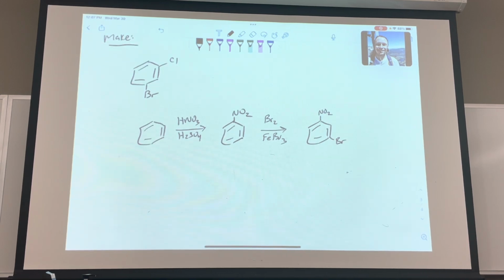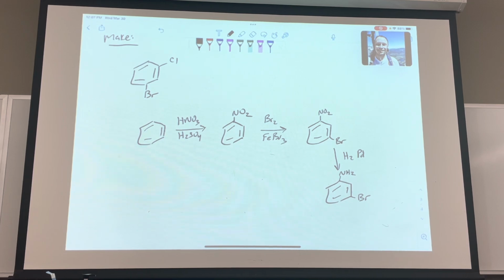Now all I have to do is worry about converting that nitro group into the chlorine. Well, I can't do that directly, but I can reduce the nitro, and that makes the aromatic primary amine, on which you can do diazonium chemistry.